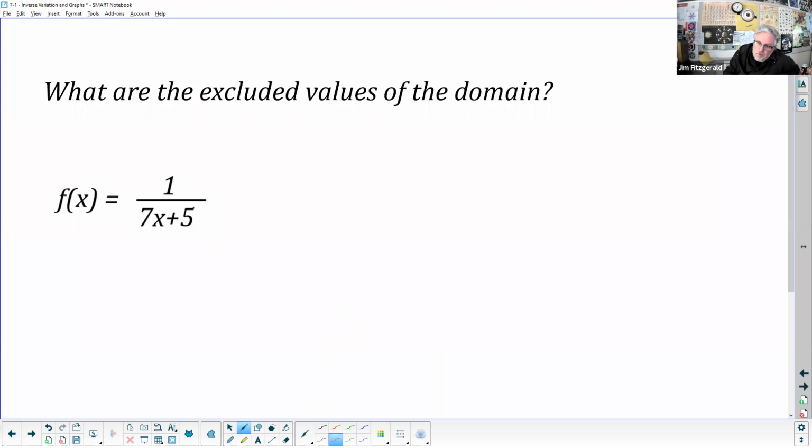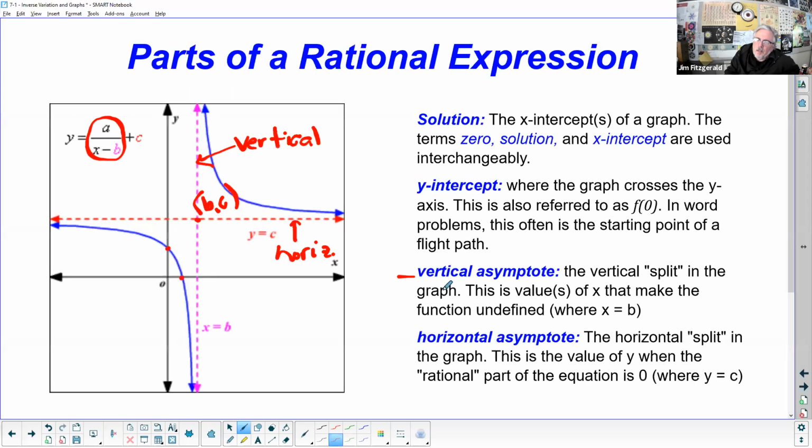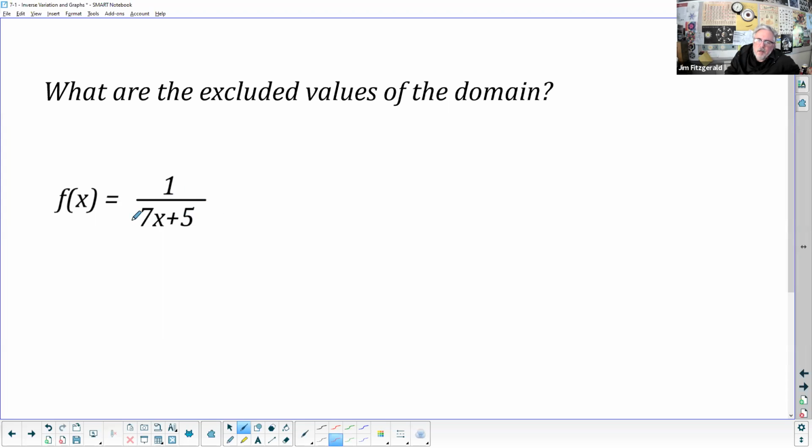Some of the things they'll ask you about are excluded values. Or they'll say, what's the value of x that can't be in this? What they're really asking is where that vertical asymptote is. What's the value of x that the vertical asymptote is on? It's what makes this denominator equal to 0.